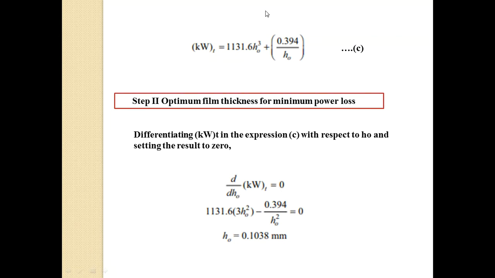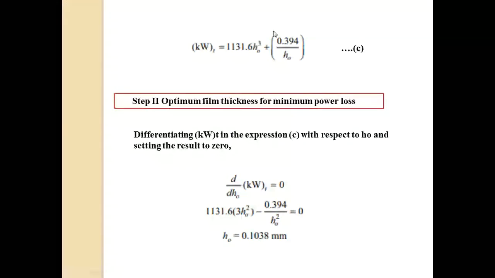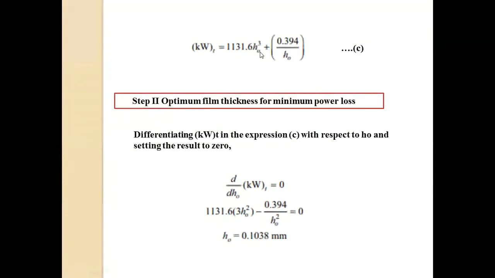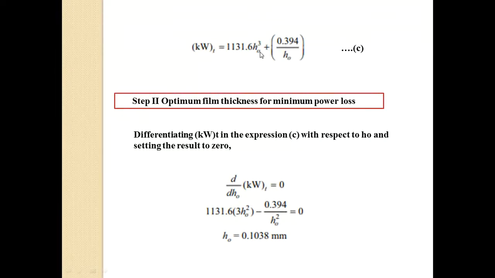Now see here, from this equation, this 1131.6 is a constant, so it stays as it is. Now for H naught cube, differentiation of H cube is nothing but 3 into H square.